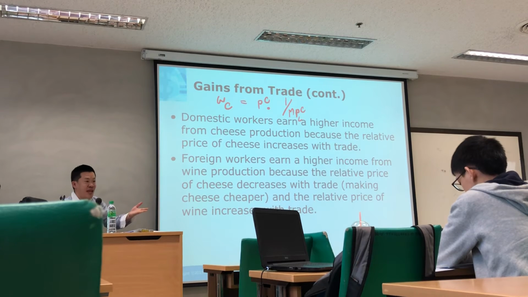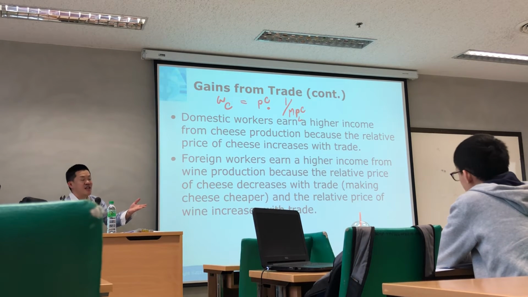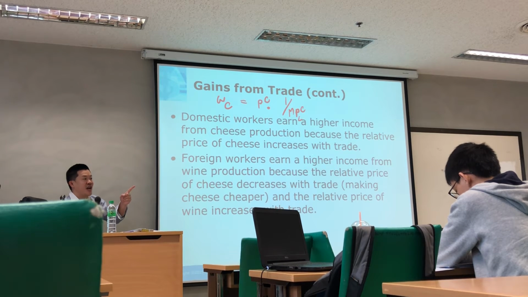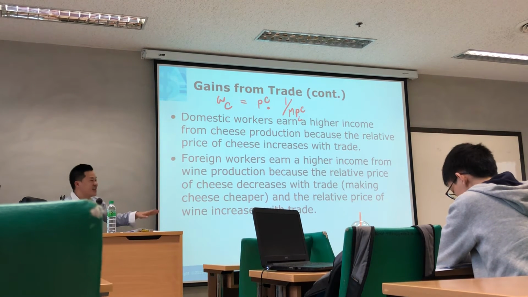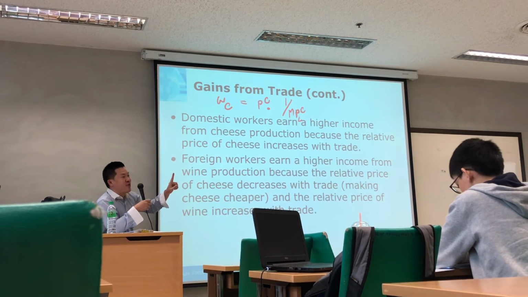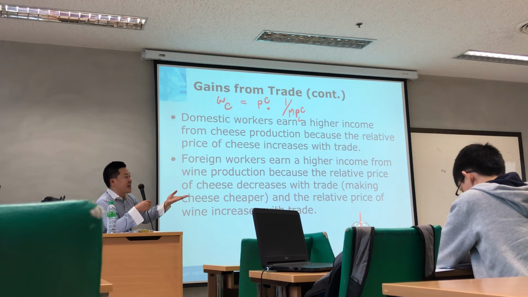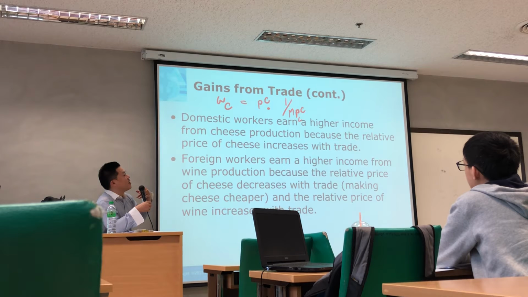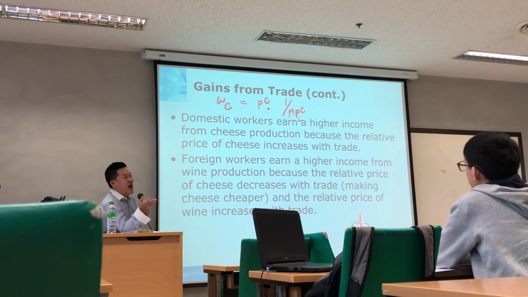MP means 1 hour can produce how many goods, right? One more hour can produce how many units of goods?